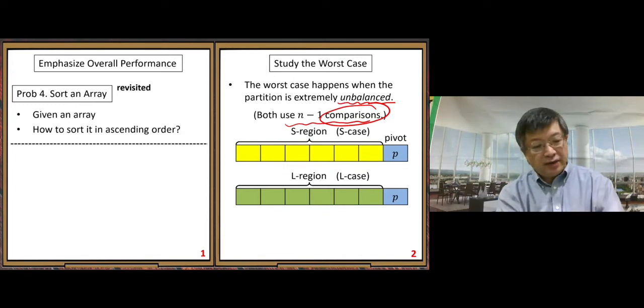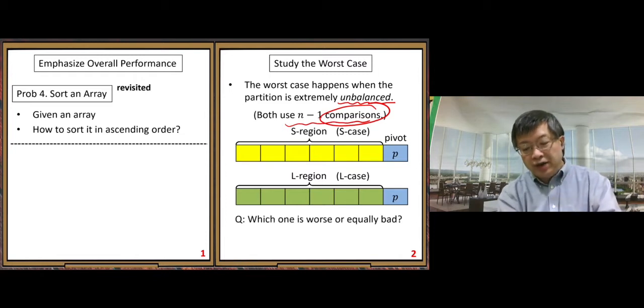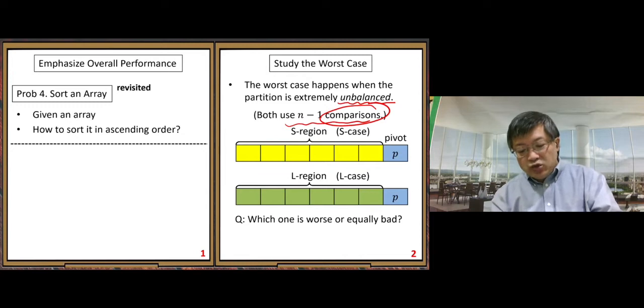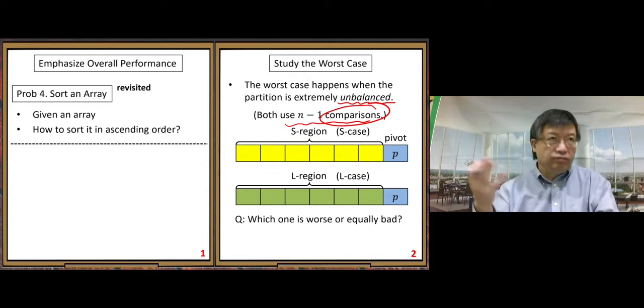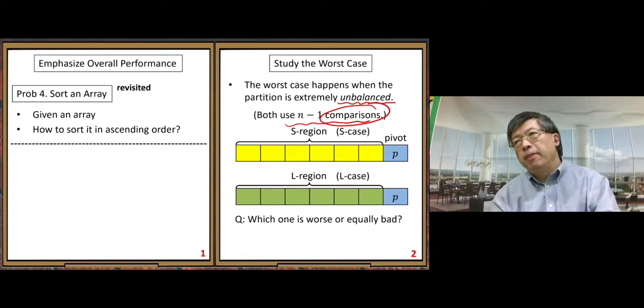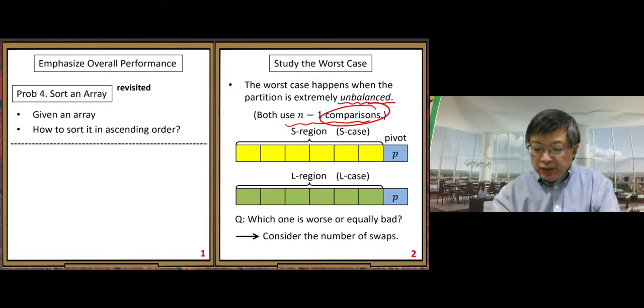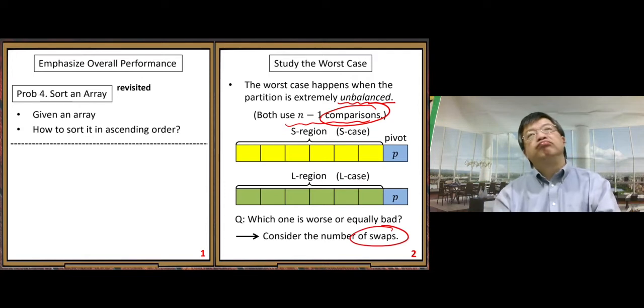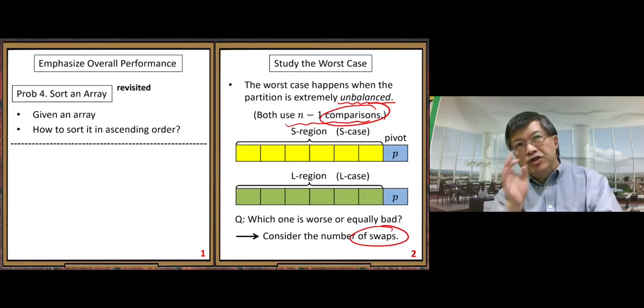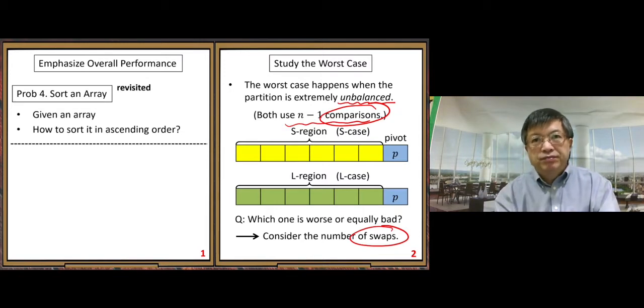So we may like to compare: which one is worse or just equally bad? Here, I'd like you to look at the number of swaps, not comparisons. Comparison, the same. But if you look at the number of swaps, can you see the difference?